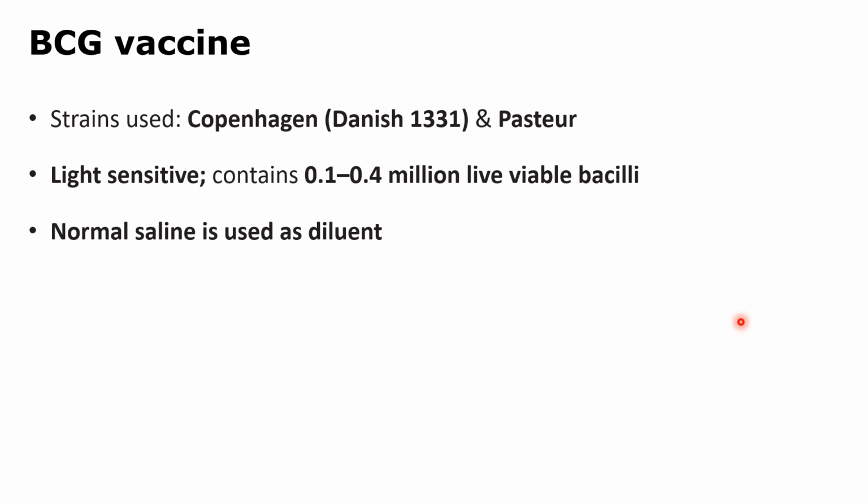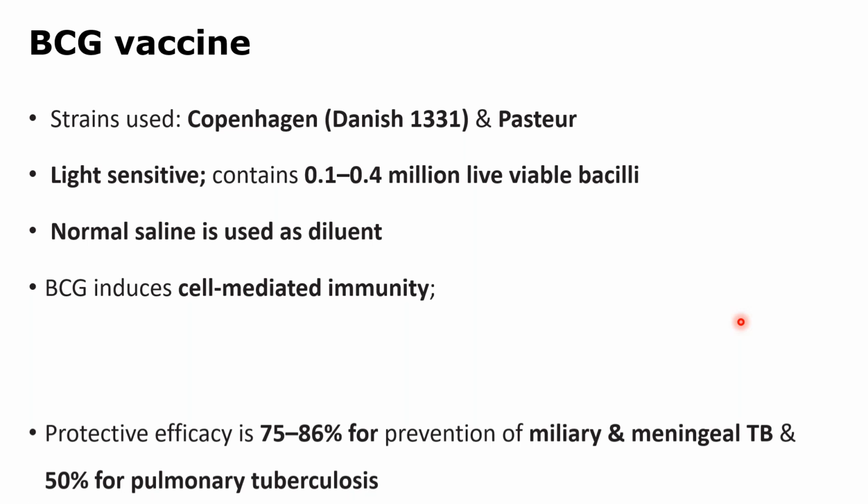So you have to ensure that normal saline is used as diluent and not distilled water. For different kinds of vaccines, different diluents are there, and it is clearly mentioned which diluent is to be used for which vaccine. So normal saline is the diluent here, and BCG is a vaccine that induces mainly cell-mediated immunity, right?